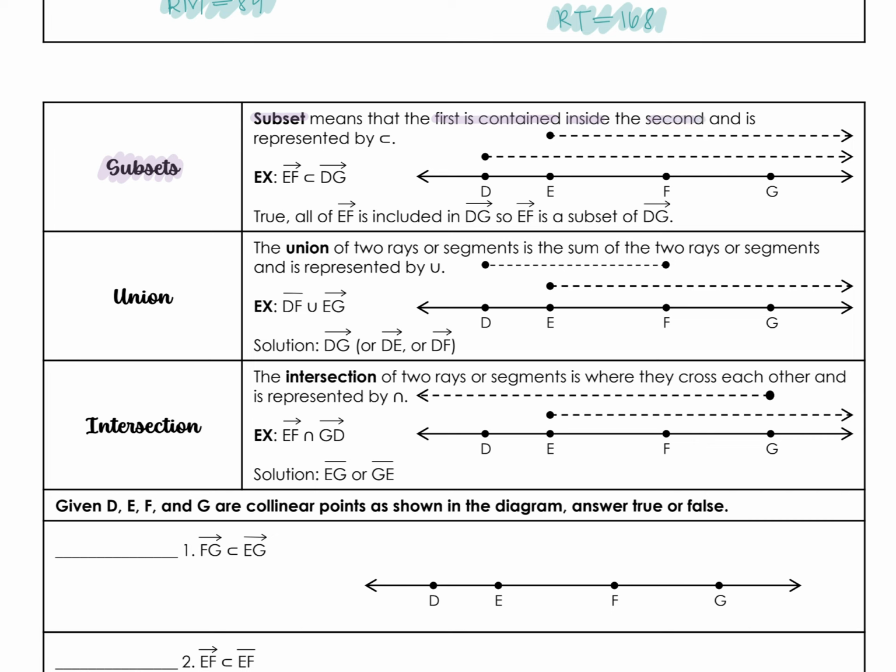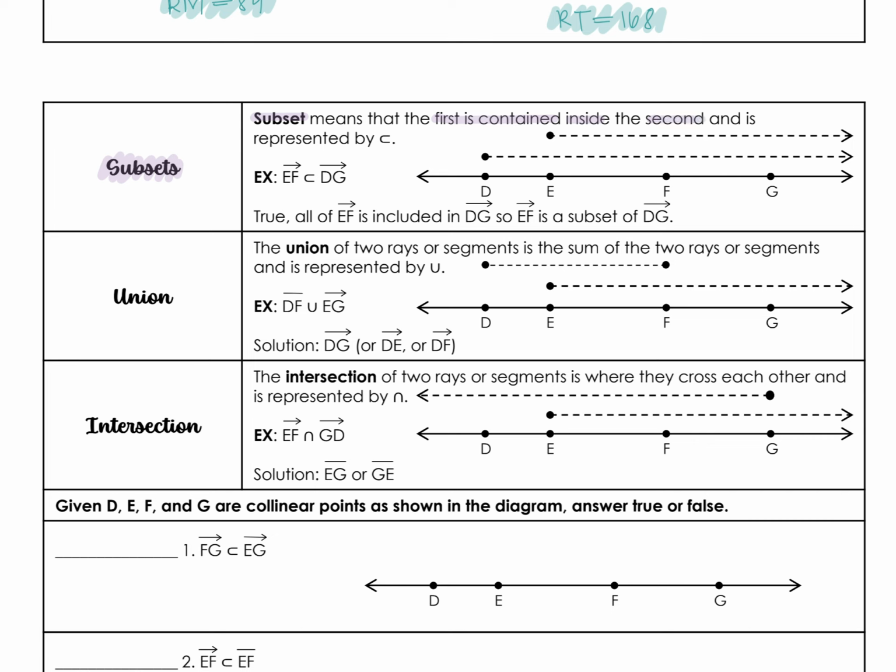And they're saying segment DF. And they are also stating that we want to use the ray EG. So just keep going after that G. We want to know what can we name that will include all of what we have highlighted. Well, we're going to have to start at D, and because one of them is a ray and it will never stop, we need to name a ray starting at D, right?